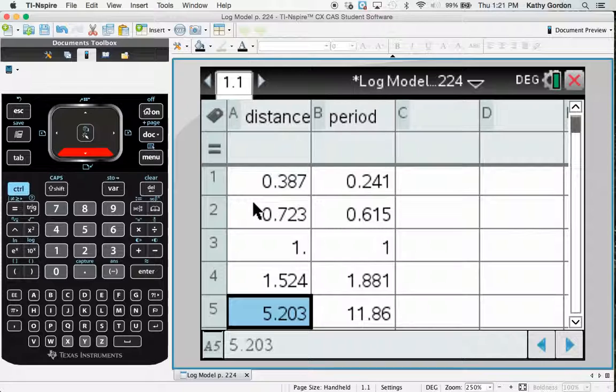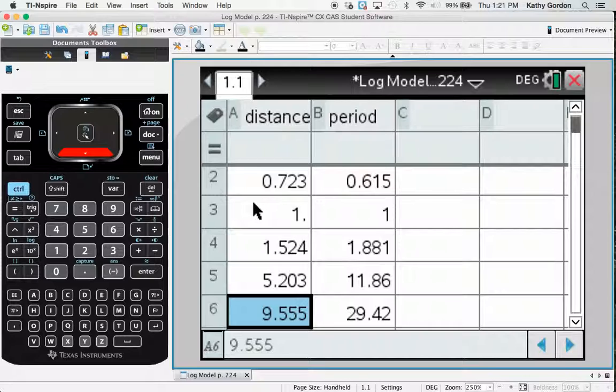So everyone at least got the 0.387 and the 0.241. Yes. So there's the last one.